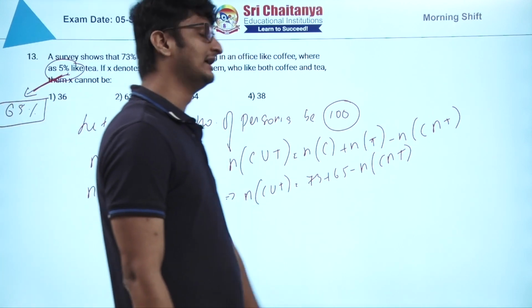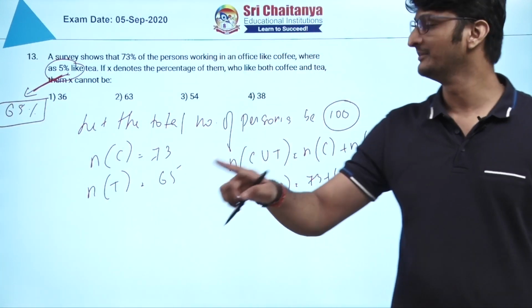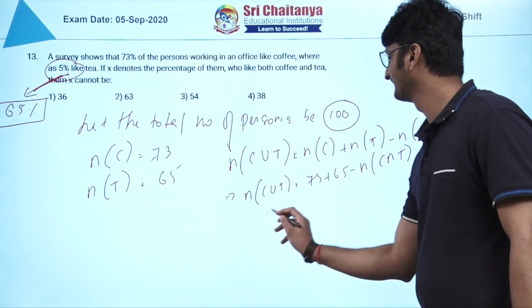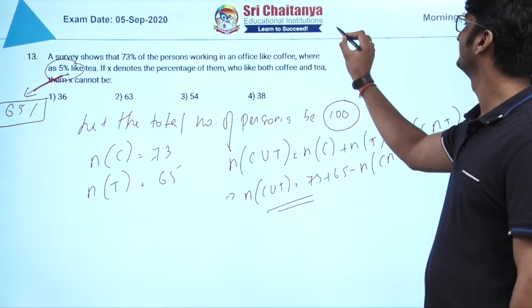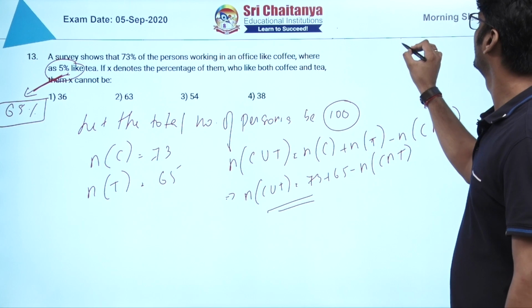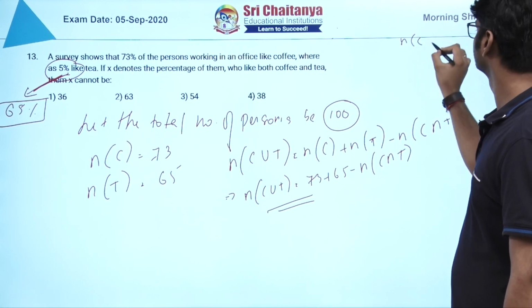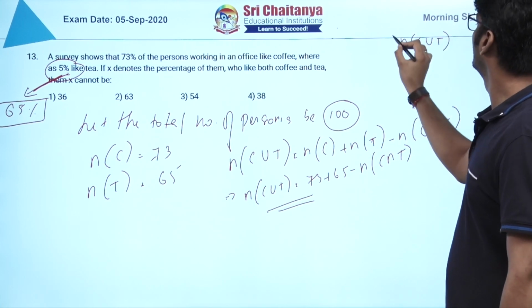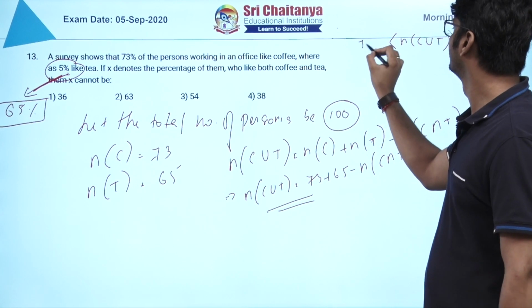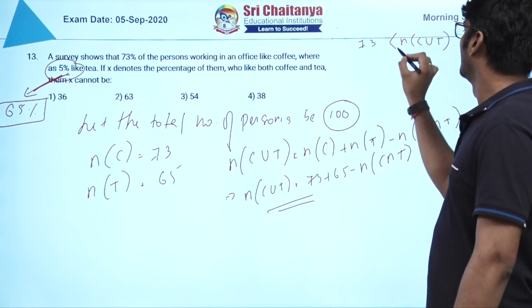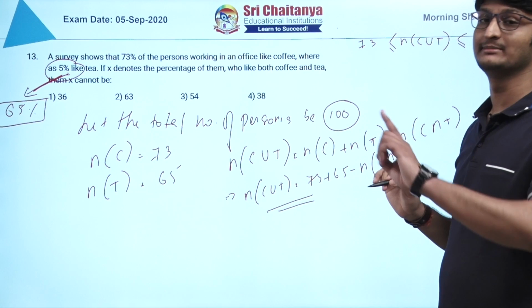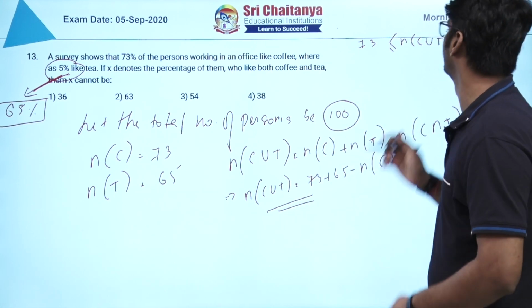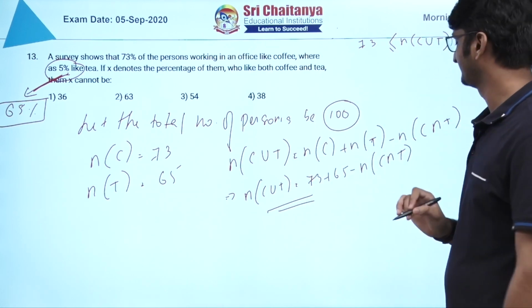So what is the minimum value of n of C union T? The minimum can be 73 obviously. Therefore, n of C union T will always be greater than or equal to 73, and will always be less than or equal to the maximum number of persons available in the office, that is 100, correct.